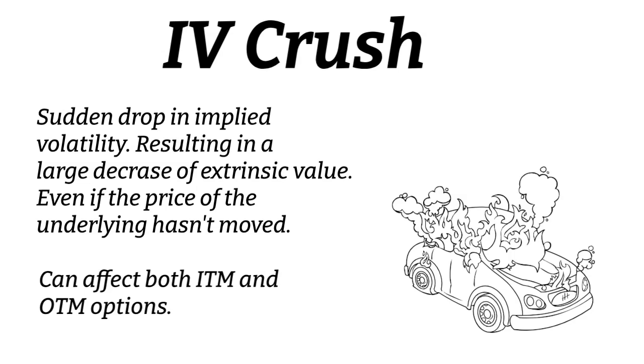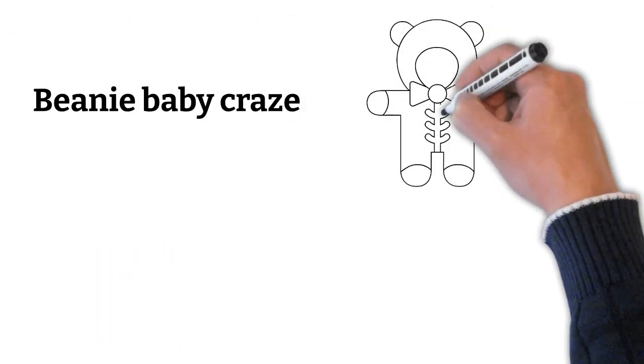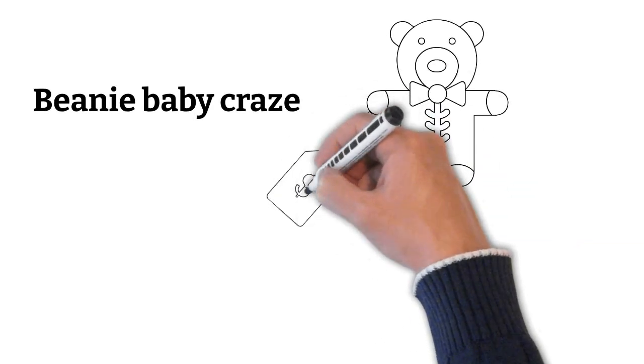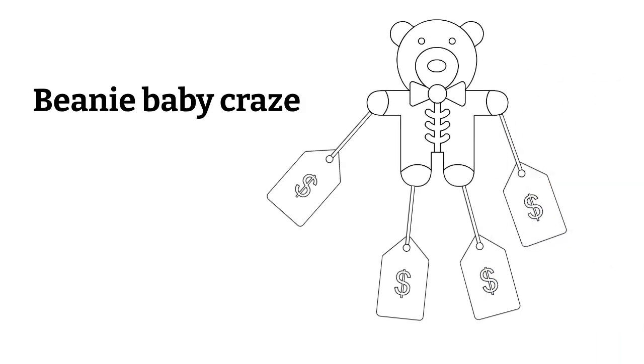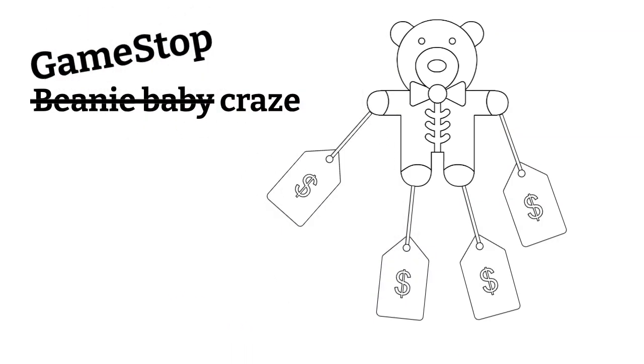The best way that I can honestly explain this to you is in terms of Beanie Babies. I don't know if you guys were around for this, but back in the 90s when they had the Beanie Baby craze, everyone lost their minds for Beanie Babies. Kind of like how everyone loses their minds for GameStop options.